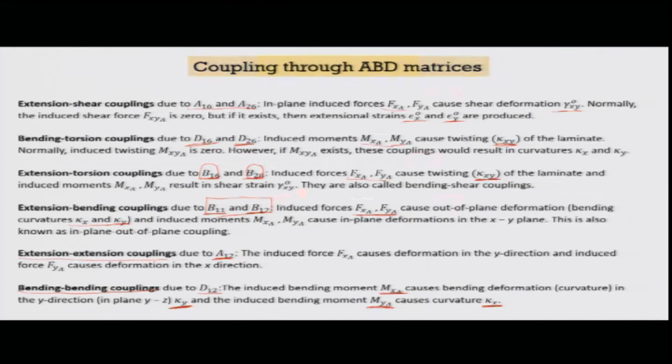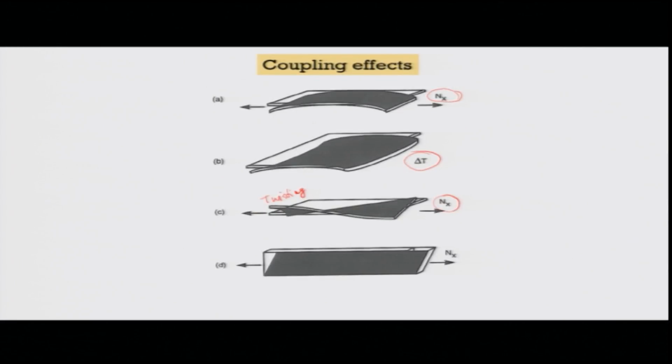So, this could be one of the reasons why we are having it if B16 B26 are 0. If we look at the last example, what is happening here is that we are giving this extensional stress here, but we are finding that there is a shear that is happening here. So, why is this happening?